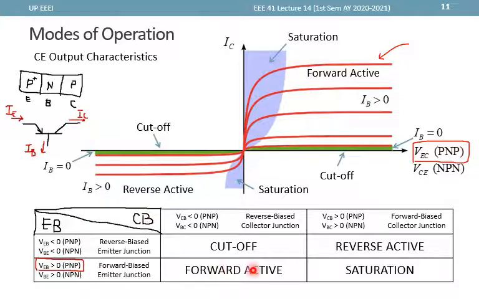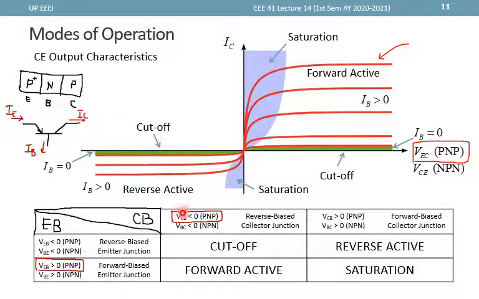For the CB case, again under forward active, the collector base junction must be reverse biased, and for the PNP case, VCB must be less than 0, since C is the P side and B is the N side.